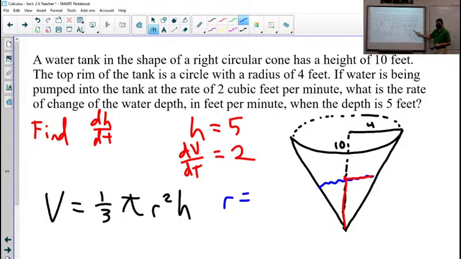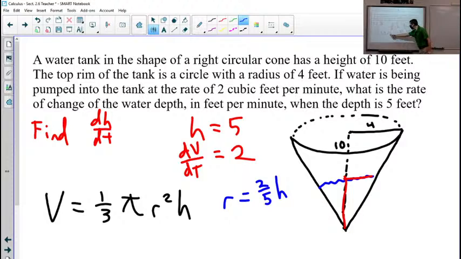It's going to be 2. The depth is half of it, and so the radius will also be half of it. It's proportional. So the radius is 2/5 of the height. Whatever the height is, take 2/5 of it, and we get the radius.